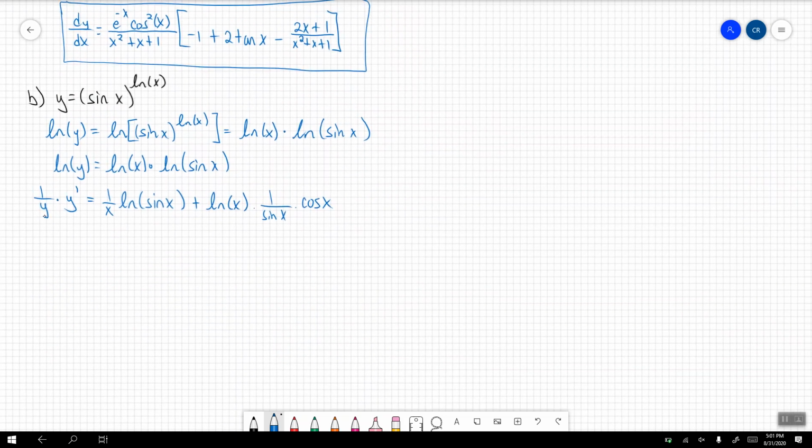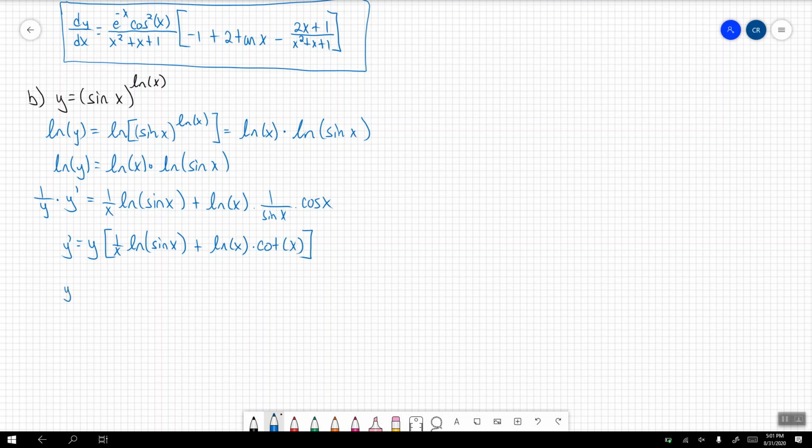So now I'm going to multiply y onto both sides. That means I'm left with 1 over x multiplied by natural log of sine of x plus natural log of x multiplied by cotangent of x. As such. Okay, that's looking pretty good, but now what is y?